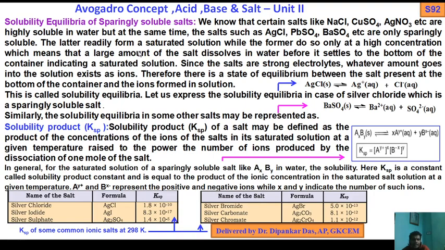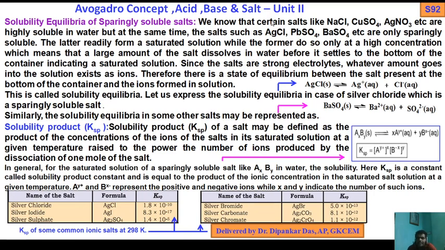The latter readily form saturated solutions, while the former do so only at high concentrations, which means that a large amount of salt dissolves in water before it settles to the bottom of the container, indicating saturated solutions.